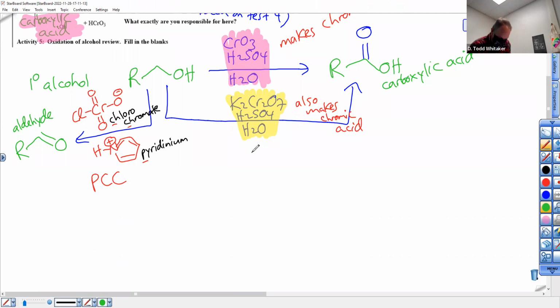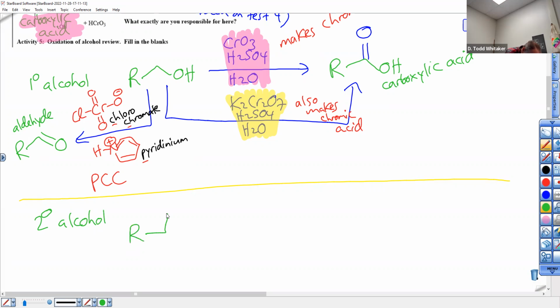And then the secondary alcohol story, a much more unified and simple story. Secondary alcohol, R prime. And I'll just summarize this one with a big old arrow.